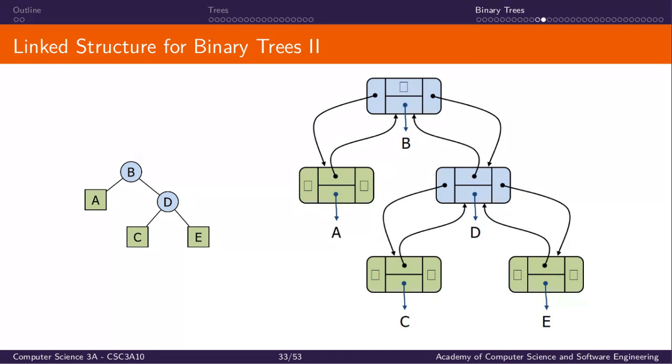All right, what would that look like? Well, if we'd like to represent the tree on the left that has these 5 nodes, each of them would be represented by this node structure that can store a reference to an element, up to 2 children, and a parent. So we see that B is our special root node, so its parent reference is null. If we have an external node, for example A, C, E, any of those will not have references to a left or right child.